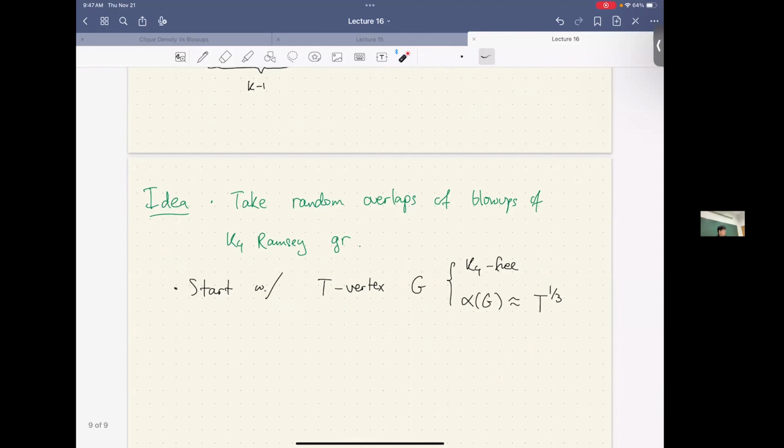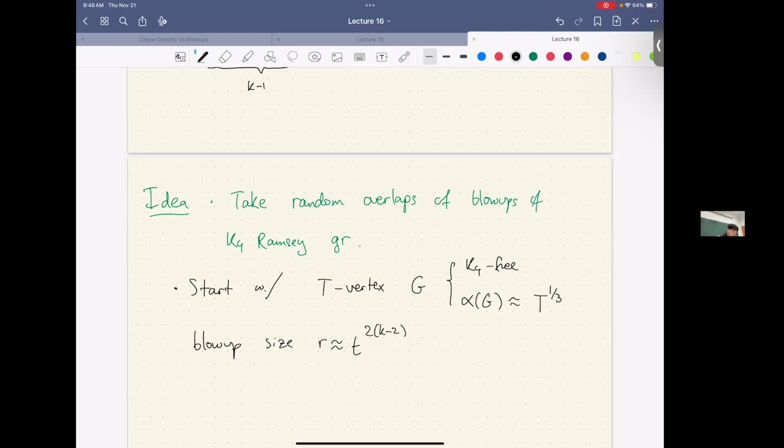Now we take a blow up of it. The blow up has size R, where you take R to be some polylog factor times T to the 2K minus 2.